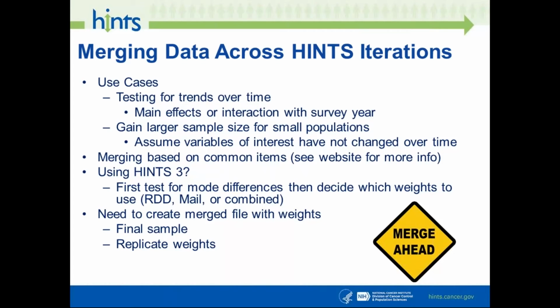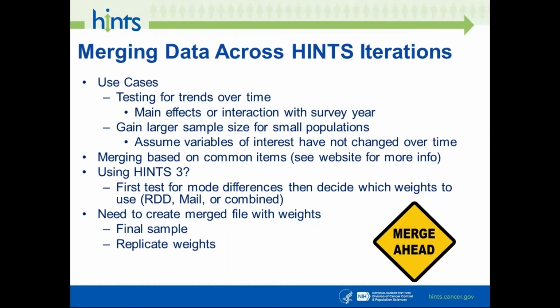Or you may say, okay, you know what? Actually, I don't want to look for trend. I want a larger sample size because maybe my population of interest could be cancer survivors, for example. Any one survey, or maybe it's a particular smaller ethnic group or something like that, any one iteration maybe doesn't have enough people in there for me to do what I want to do. So I'm actually going to merge across iterations, but I'm not testing across them. I'm merging them together to create a larger data set, a larger sample size.